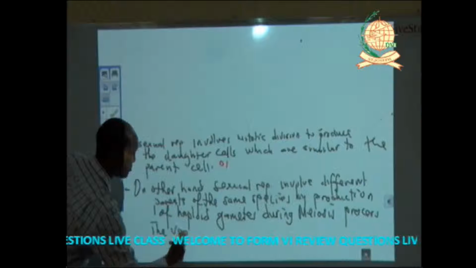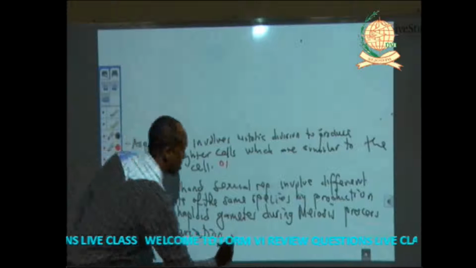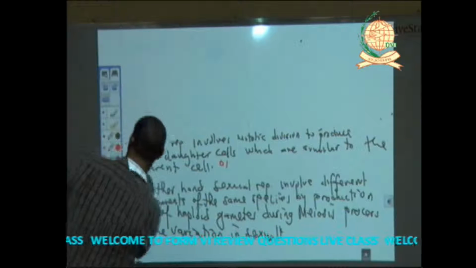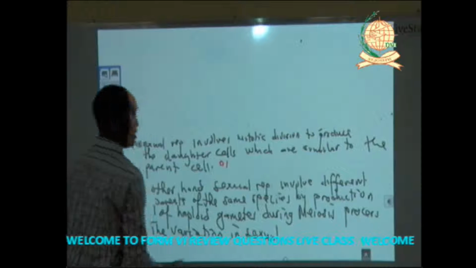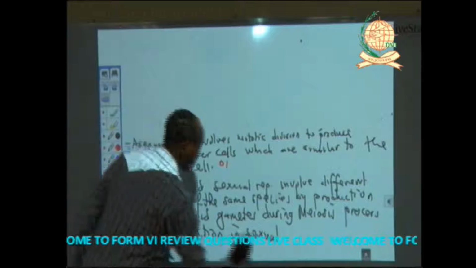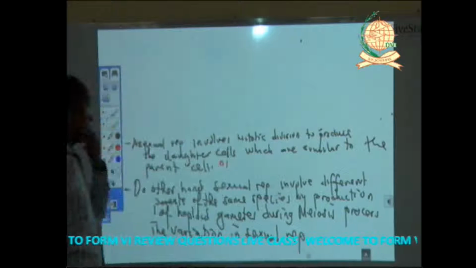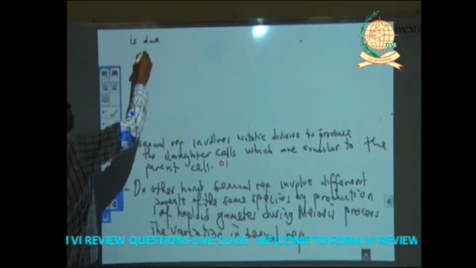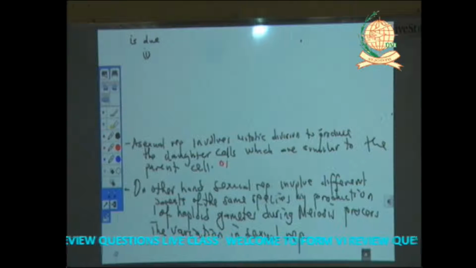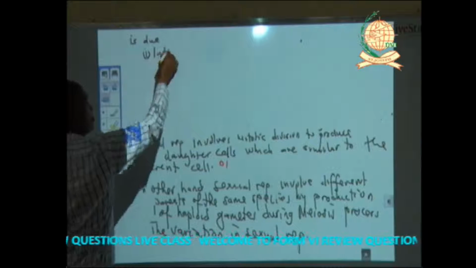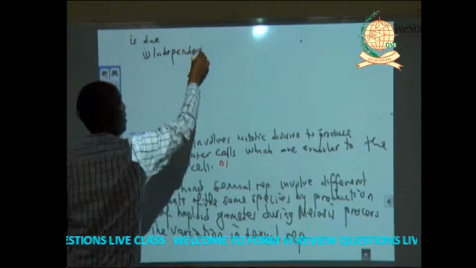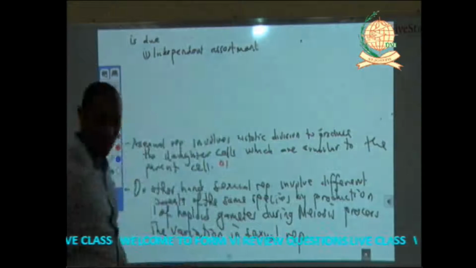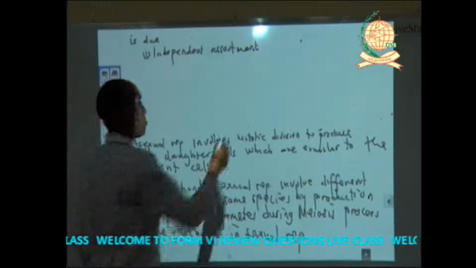The variation in sexual reproduction is due to, first, independent assortment of chromosomes.